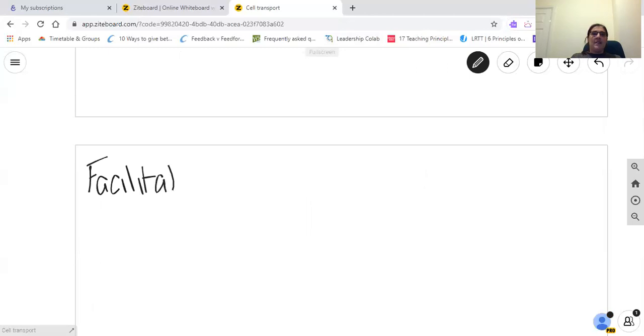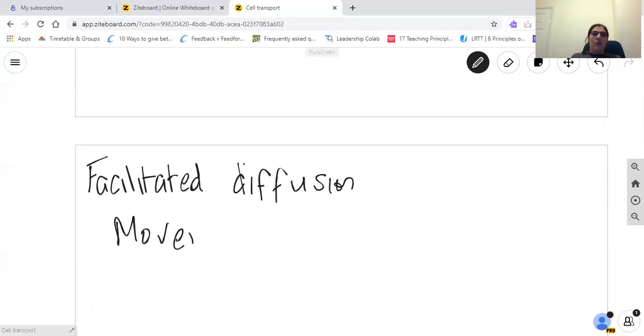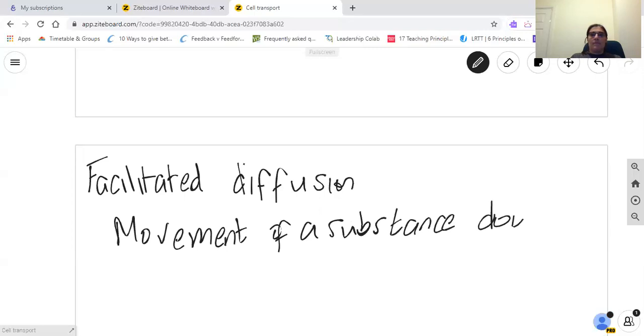So facilitated diffusion is like diffusion. It's the same process. So it's the movement of a substance down a concentration gradient, and that's important. We use the word down or against when we're talking about concentration gradients.